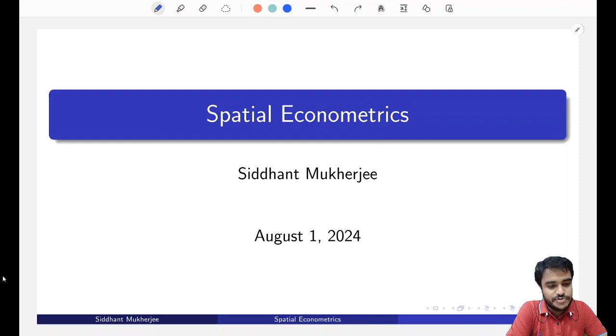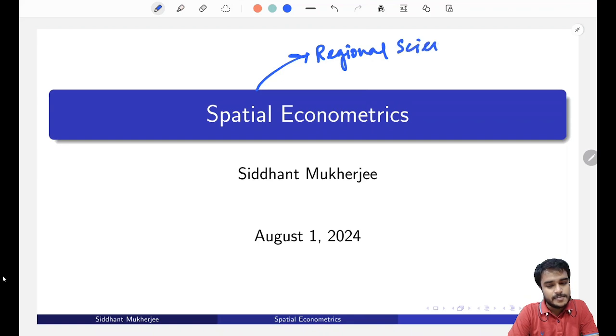So spatial econometrics is basically regional science, and it is also in quantitative geography.